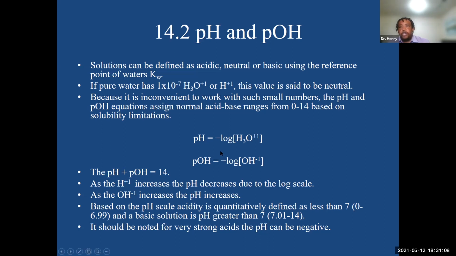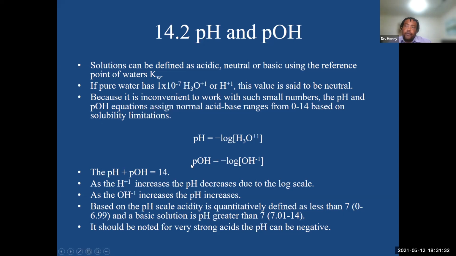Okay, so we were talking about the pH. We know that the pH is equal to the minus log of the hydronium ion concentration. It means the same thing as H+. They're essentially identical. The only difference is that the hydronium ion takes into account that the hydrogen ion is bound to water because it likes to bond to stuff.